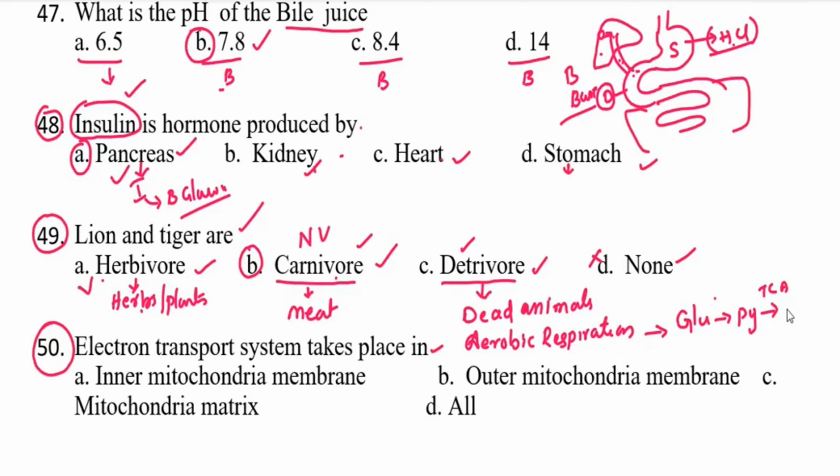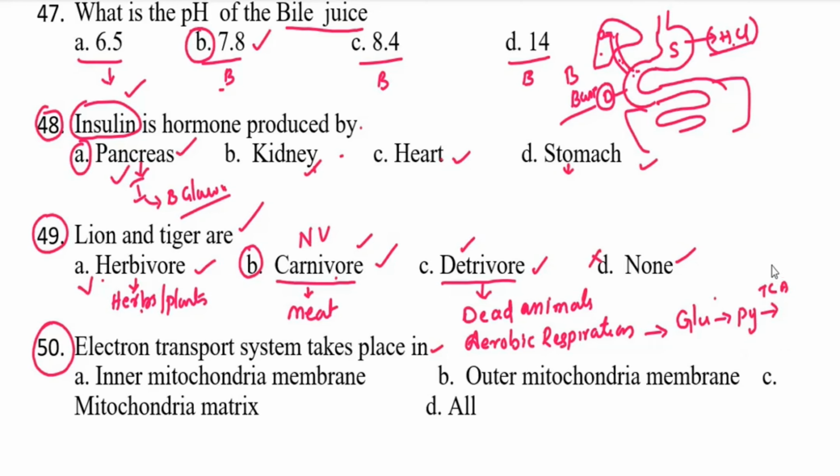The final products of the TCA cycle and glycolysis, NADH, FADH2 and ATP, enter the mitochondria, where NADH and FADH2 together enter the electron transport system of the mitochondria.